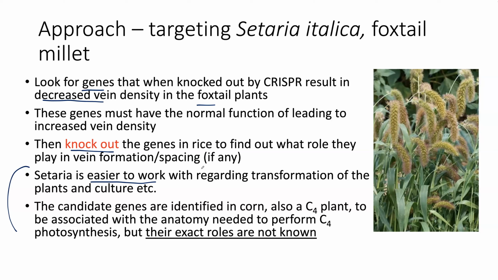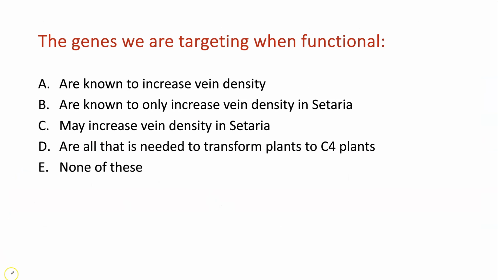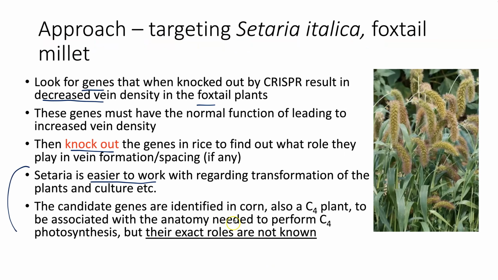And so the candidate genes that we have identified to work with are the ones that are known in corn to have something to do with these processes, and that might be associated with the anatomy that is needed for C4 photosynthesis. And so they might have a role, but we don't know what those roles are necessarily.